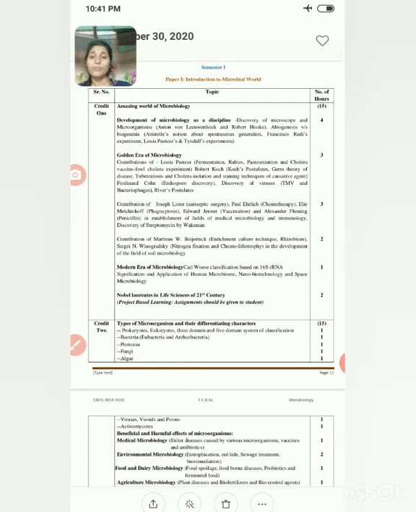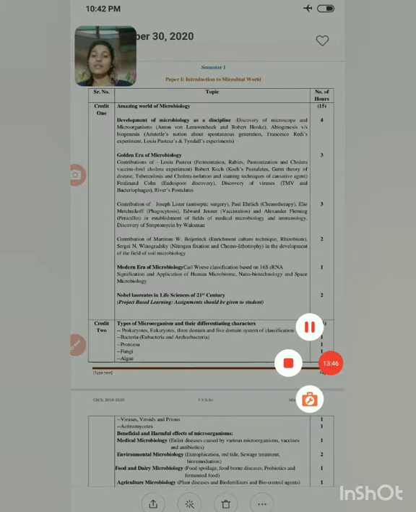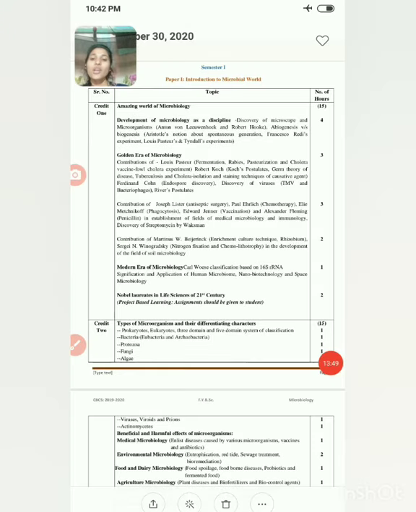He developed different types of media specific for specific organisms, and also for Rhizobium. Then in the field of soil microbiology, the scientist Winogradsky developed the Winogradsky column to check the actual activity of different microorganisms for nitrogen fixation and chemolithotrophy.